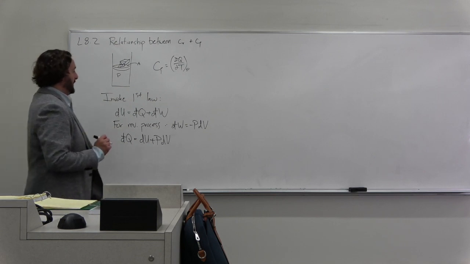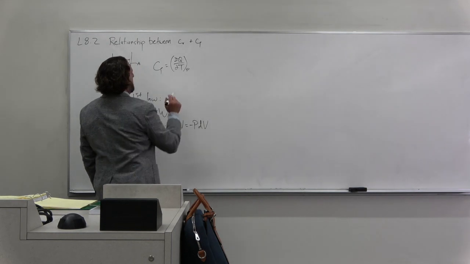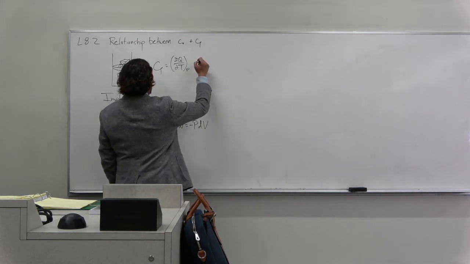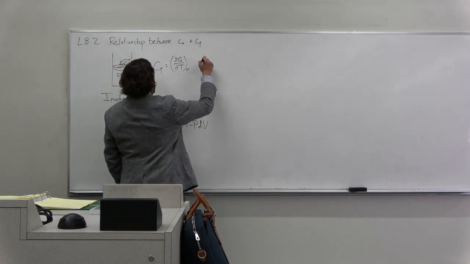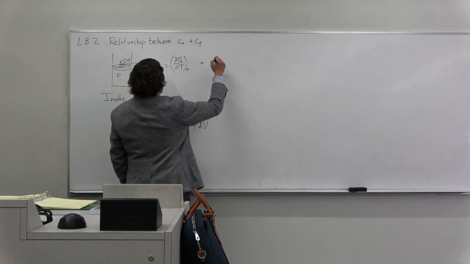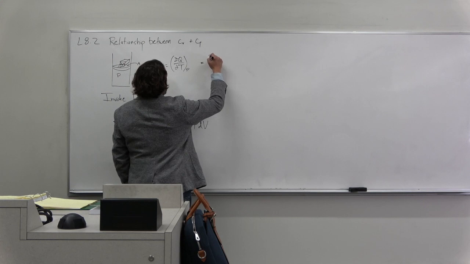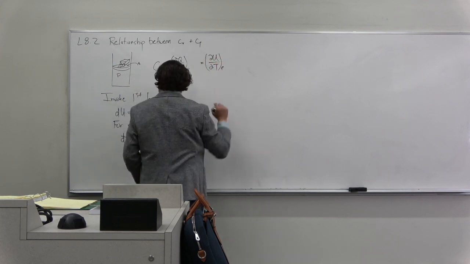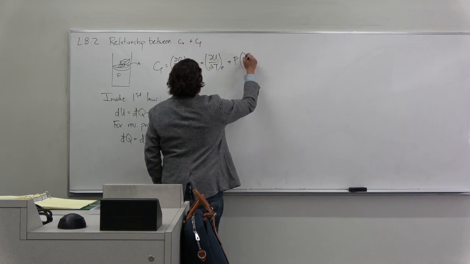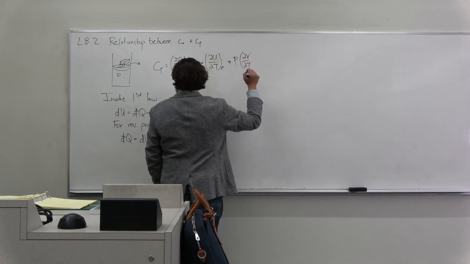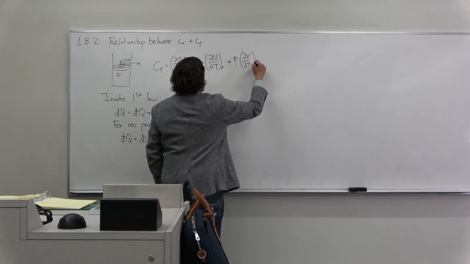So think of Cp as dQ/dT, which we can rewrite as dU, so this could be partial U, partial T at constant P, plus P dV/dT at constant P.